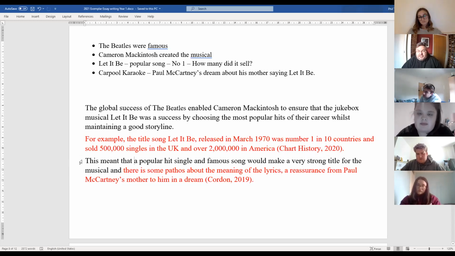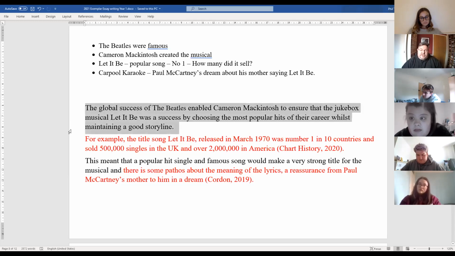Therefore, this is my analysis again. This meant that a popular hit single and famous song would make a very strong title for the musical. Oh yeah, the whole title is called Let It Be, okay? And there is some pathos about the meaning of the lyrics, a reassurance from Paul McCartney's mother to him in a dream, based on the James Corden interview. So you've got some stuff that I've just put together by saying what it is.